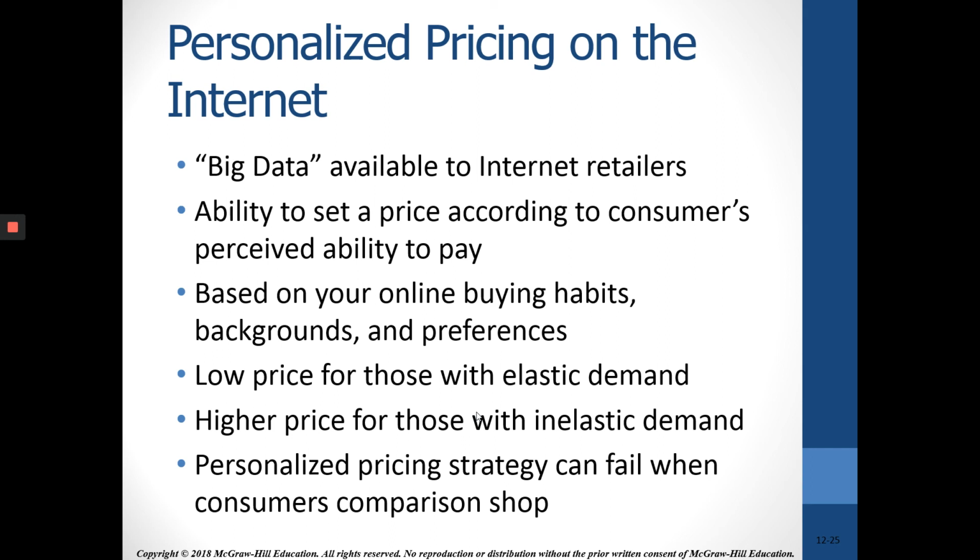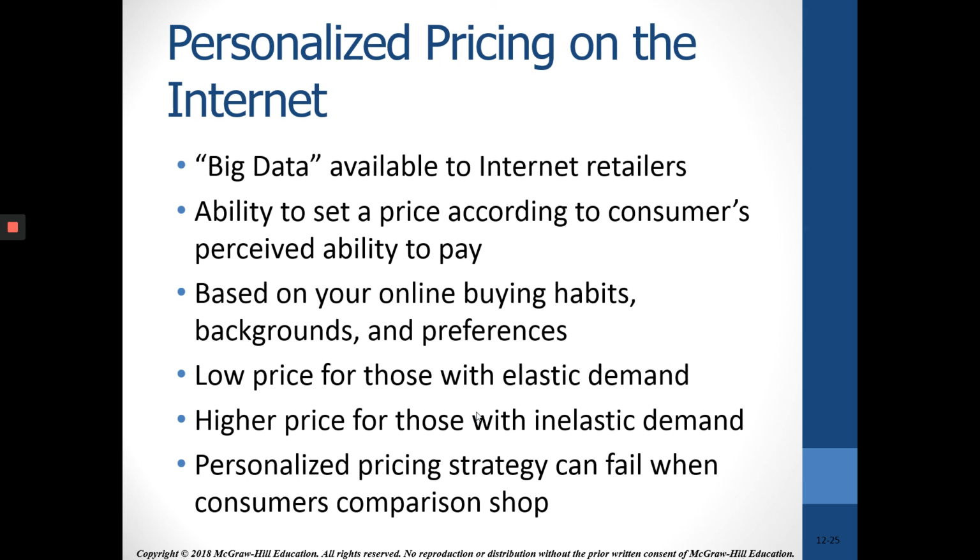this would be another example of price discrimination, where big data is, of course, available to a lot of internet sellers, and they may be able to set a price according to a consumer's perceived ability to pay or their elasticity of demand using algorithms, basing it on your online buying habits, backgrounds, preferences, and still charge a low price to those with an elastic demand and a higher price for those with inelastic demand.